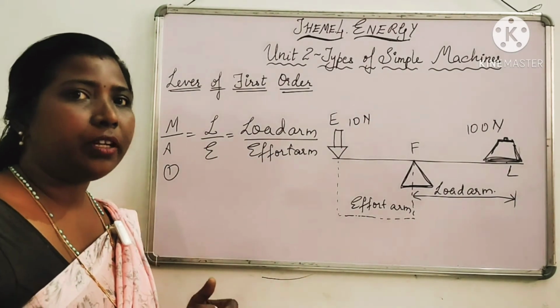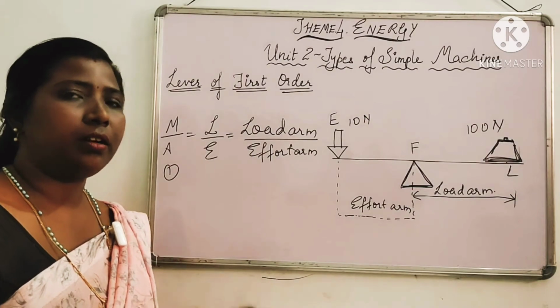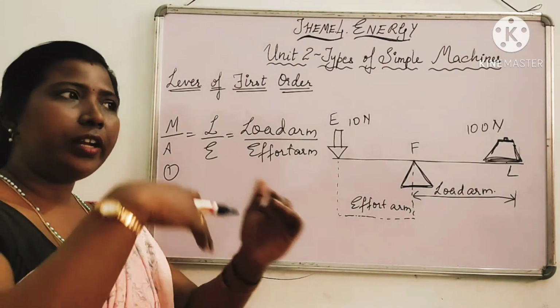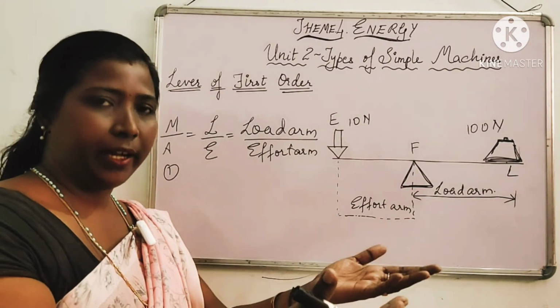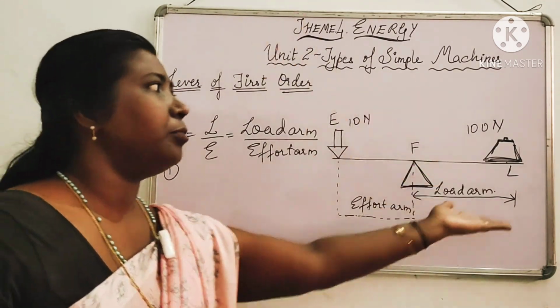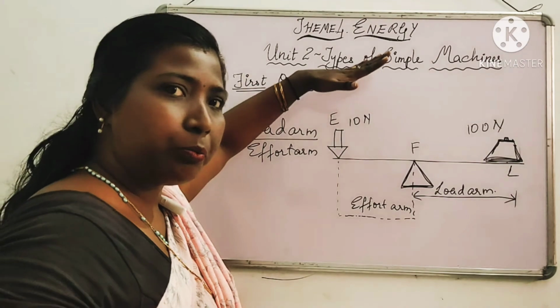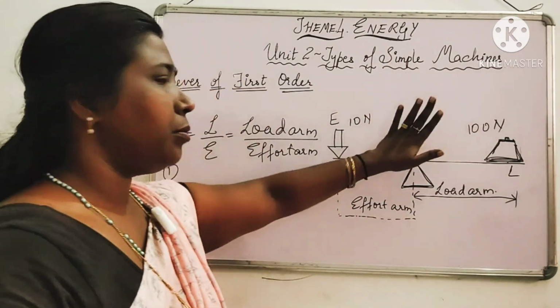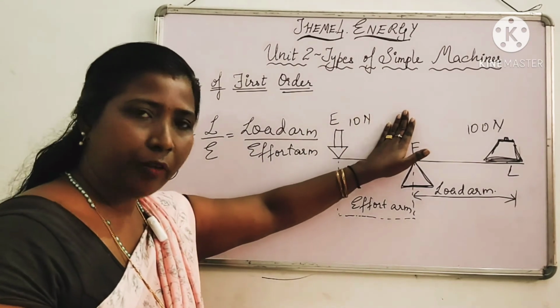Now what is happening here? Are you able to understand? When we are putting a force on something and it is multiplied, then the load comes up. When we are putting a force on it, the load comes up naturally. So same thing, this is what is happening over here.